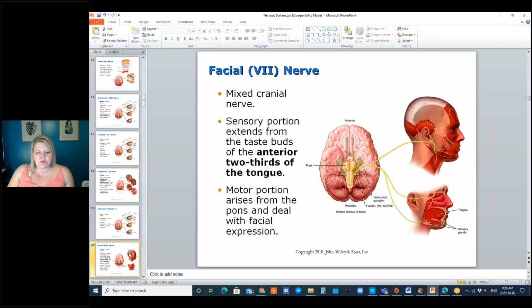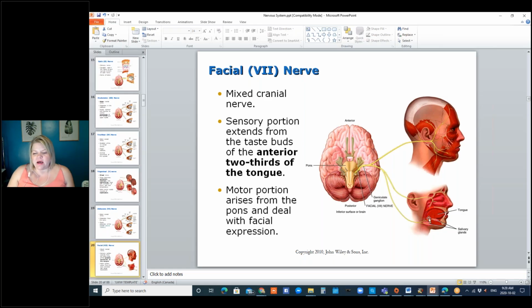Facial nerve, which I've talked to you about before, is the 7th cranial nerve. It's also a mixed nerve. So the sensory portion of the facial nerve is not to pick up touch and sensation off the face, but more about the sense of taste in the anterior 2/3 of the tongue.